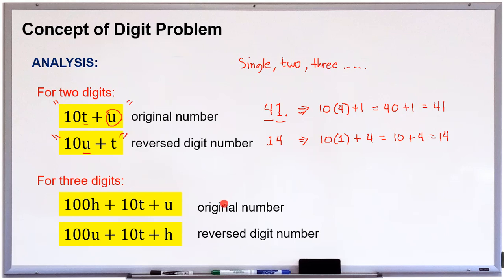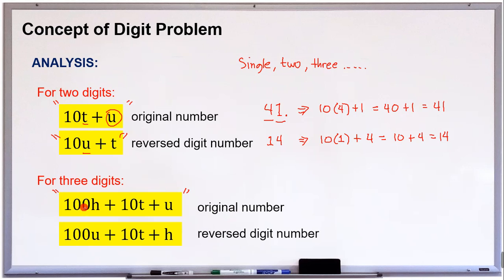Now let's proceed to the three digit number. The expression used in representing the original number is 100H plus 10T plus U. H is for the hundreds digit, so we multiply it by 100.